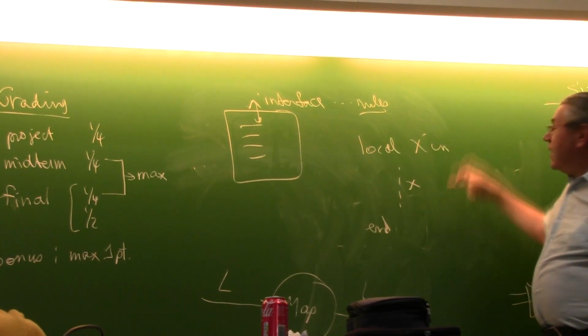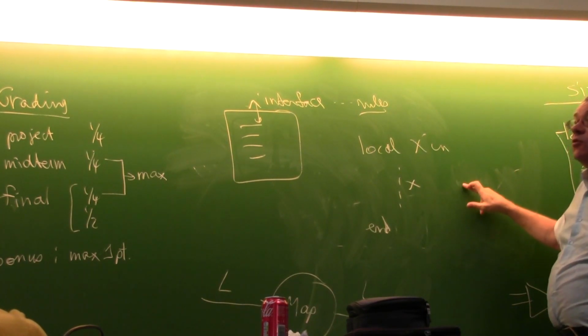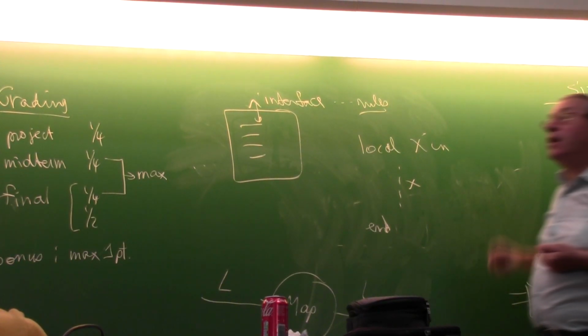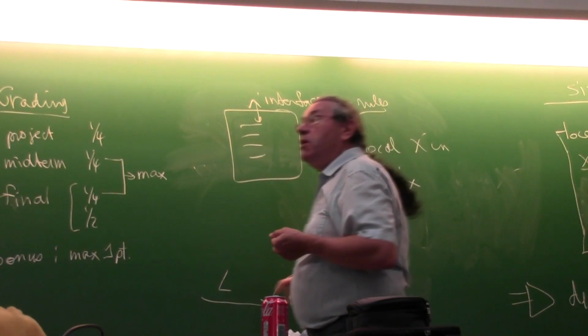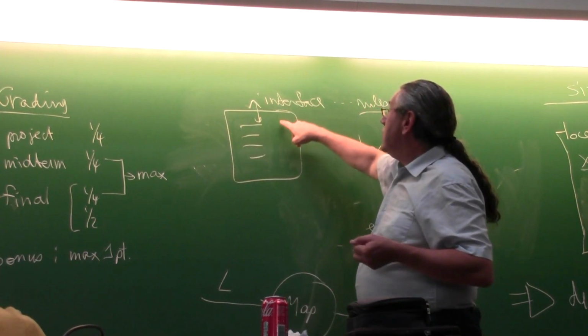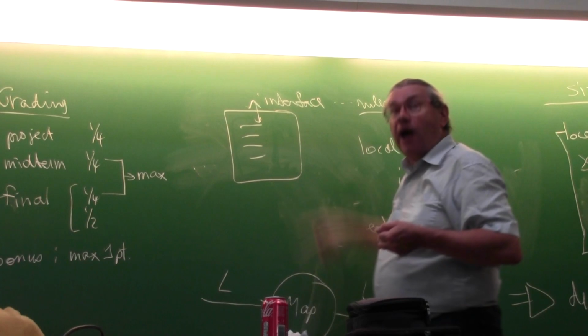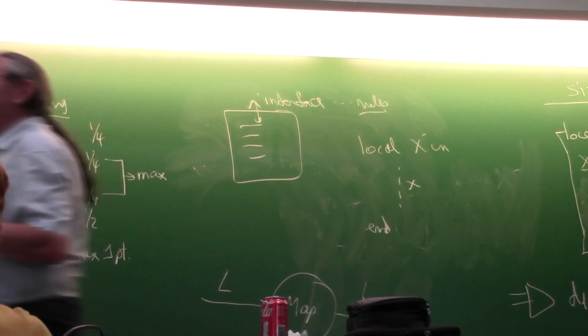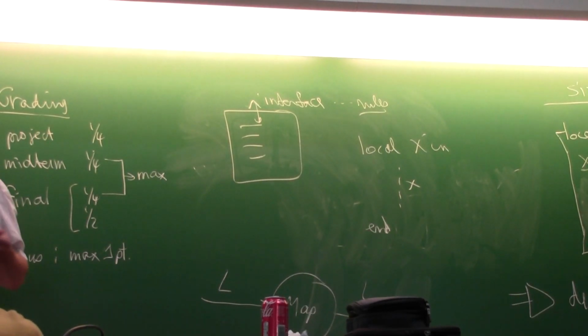So this is a lexical concept. Lexical means it's related to the text of the program. And building data abstractions means you need to build these interfaces. The way that's done is using higher order programming. So higher order programming is used for building data abstraction.